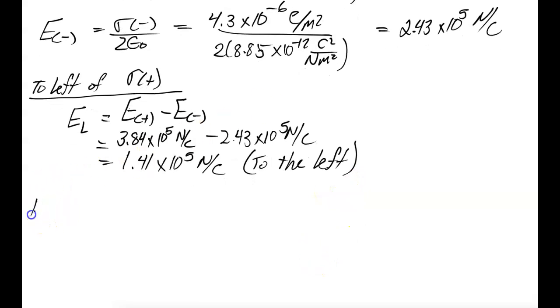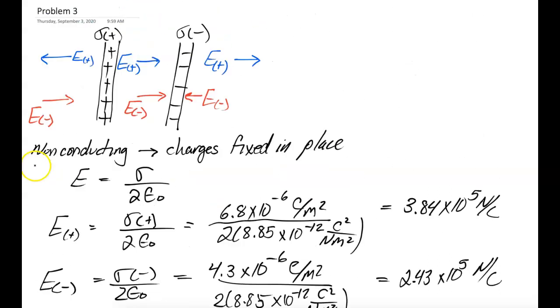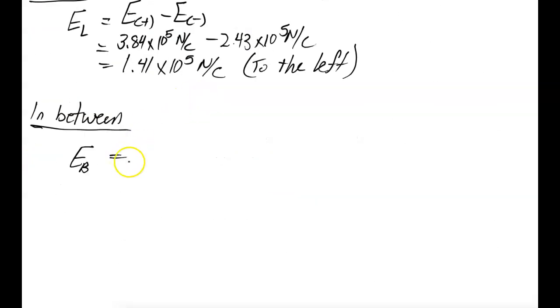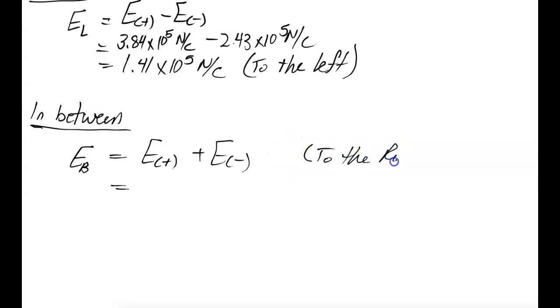In between, if we look at the electric field from our picture, we notice they're pointing in the same direction, so we're going to add those two up. This will be E plus plus E minus, and since they're both in the same direction, we already know it's going to be to the right, because both of them point that way.